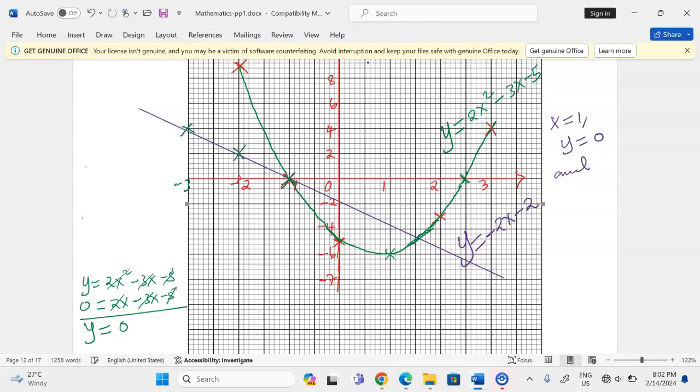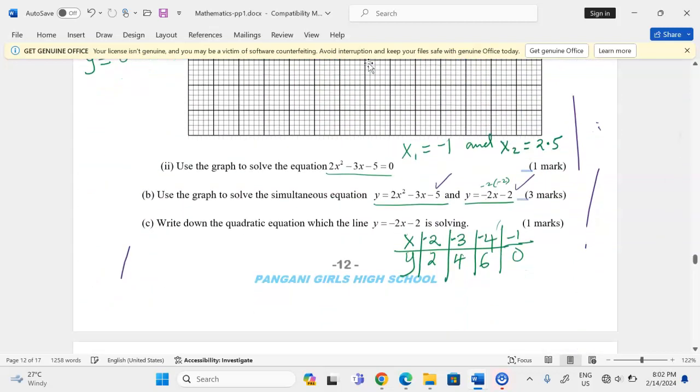And again, there is another solution such that the other point of intersection is at x equals 1.6. And remember, this is -1, the first value of x. So the other one is 1.6 because this is the point of intersection. And the value of y at that point is -5. Therefore, that is the solution for the two simultaneous equations.